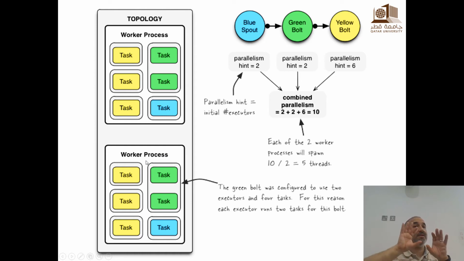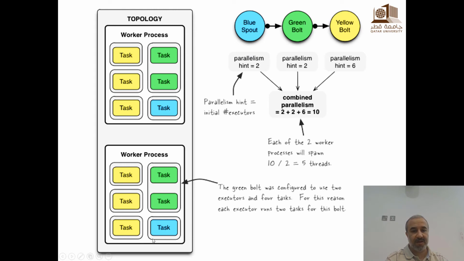They might actually run on different nodes. Okay? Fine. This is in one node. It has 1, 2, 3, 4, 5 executors. And you will see that for the blue spout, we said that we have 2 executors.